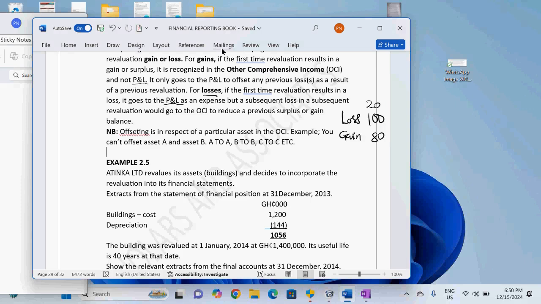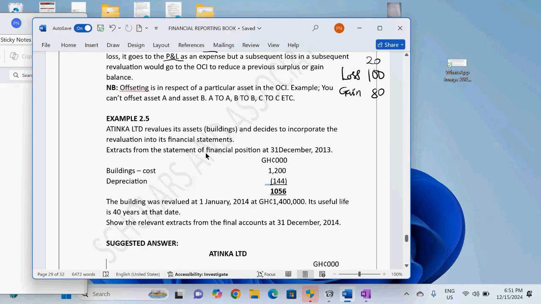Yes, what's the answer? So this is revalued. That is a revaluation question, right?